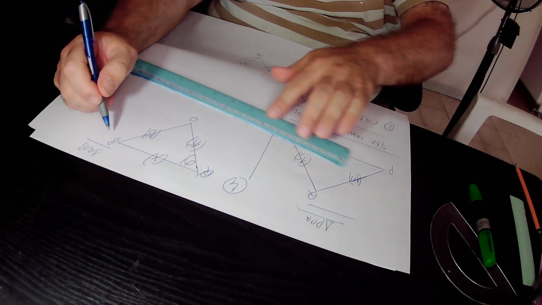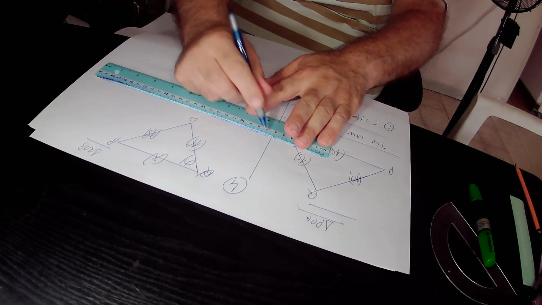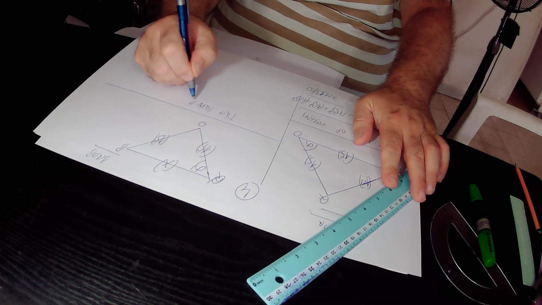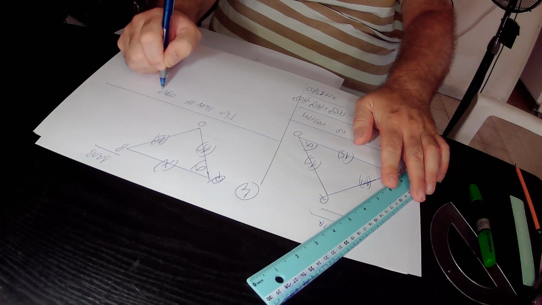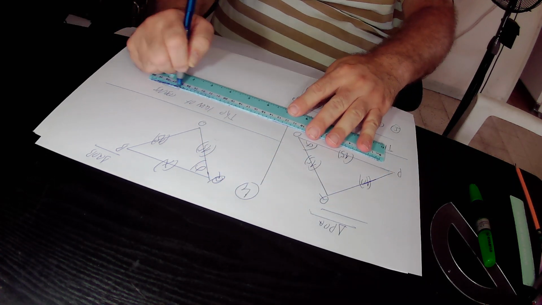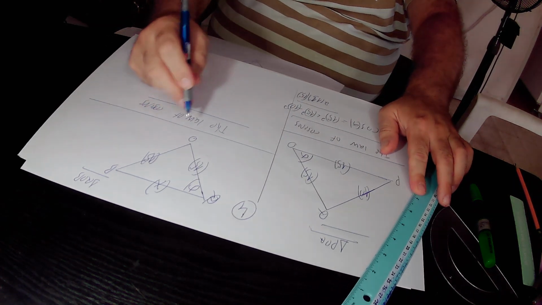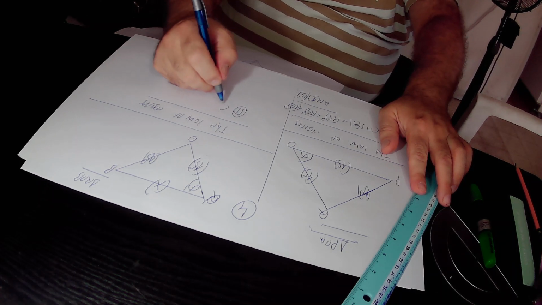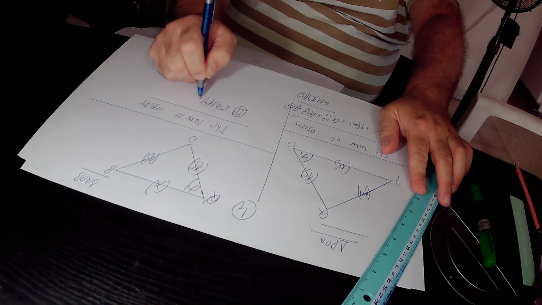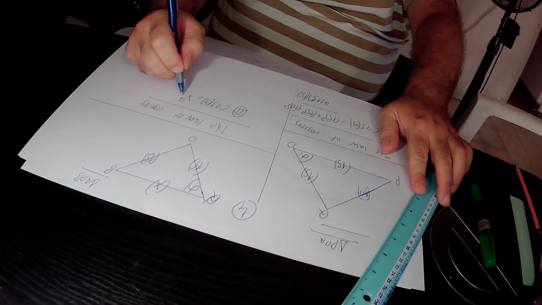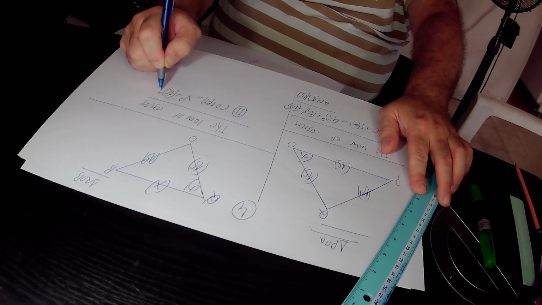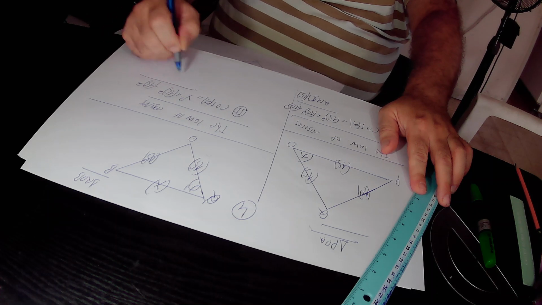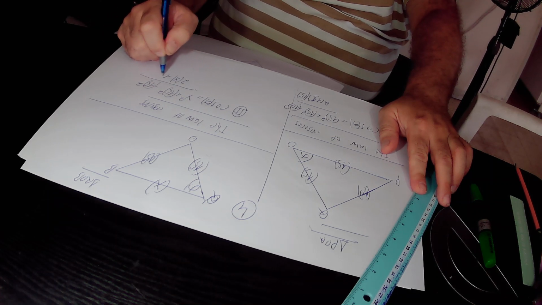According to the law of cosines in this triangle QOB, this will be equation 2: cosine alpha equals x squared plus 15 squared minus 15 squared over 2 times x times 15.